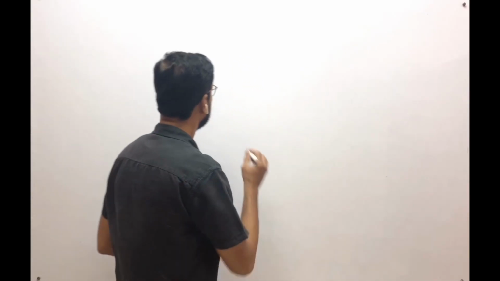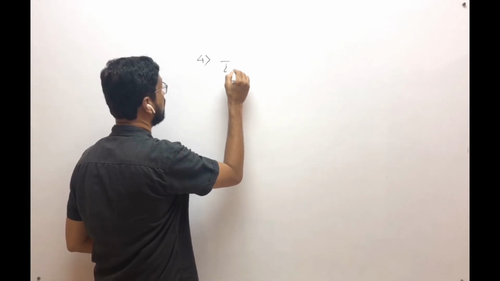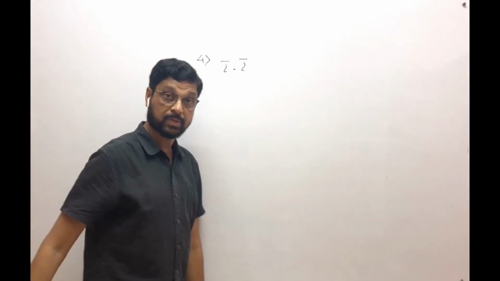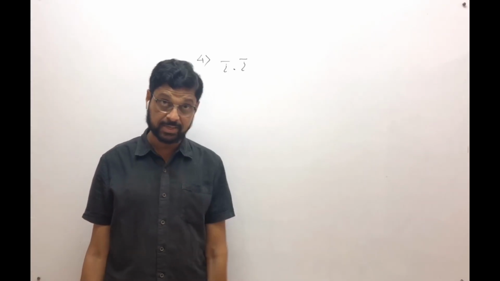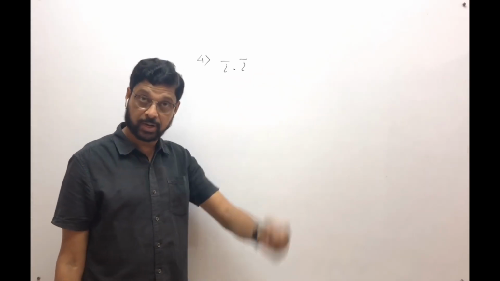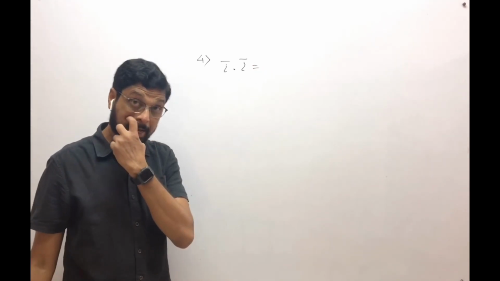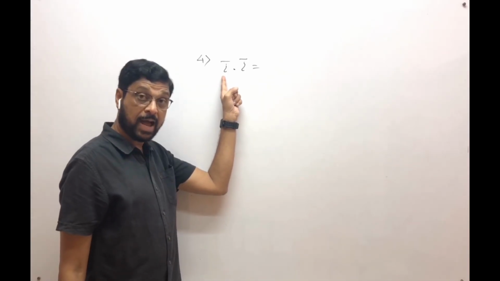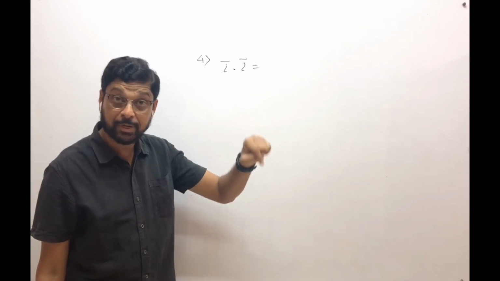The fourth characteristic is about unit vectors. What will be the dot product of unit vectors? I dot I, meaning I multiplied with I, that is called self dot product. Self dot product of I will be equal to magnitude of vector I into magnitude of vector I into cos of the angle between them.